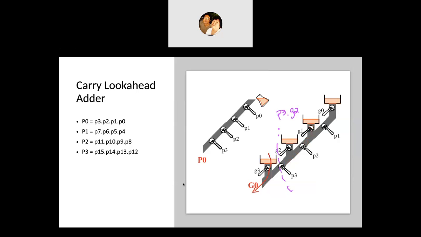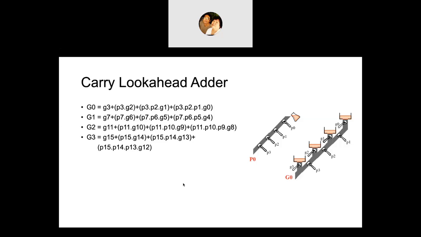So this is for the term P3 and P2 and G1. And when you look at the next slide, you will notice that the terms here and there are in the equation of G0. This and that. This is the analogy between this kind of circuit and the plumbing system.